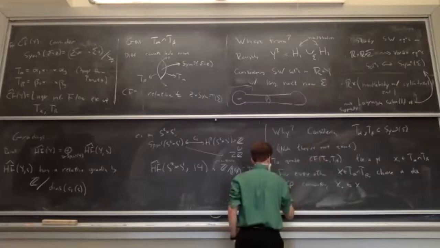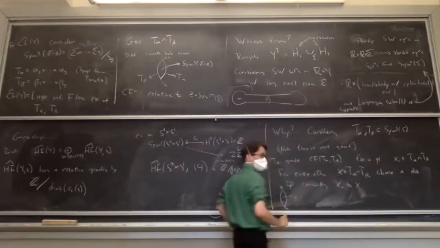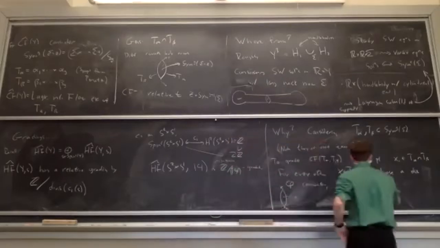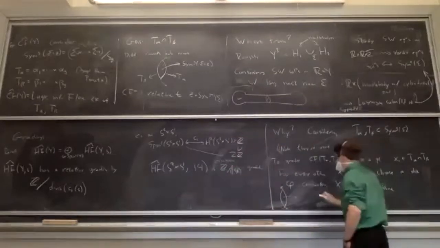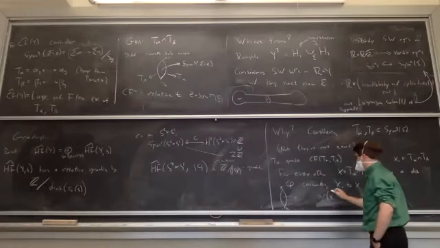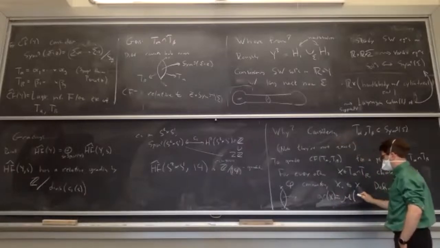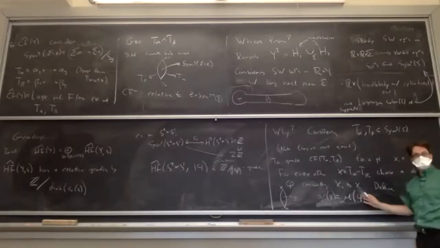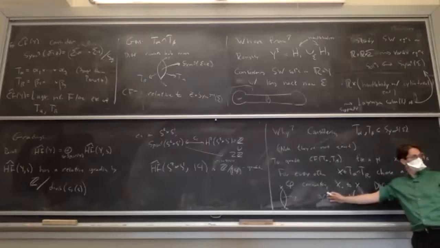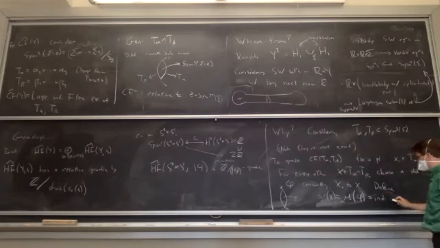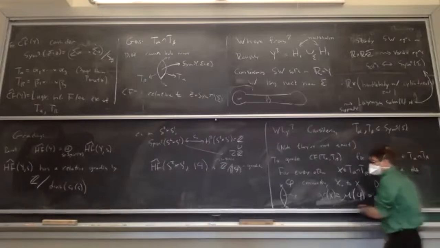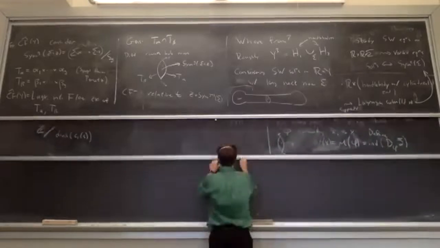So there's my disk, x0 and x. This is my phi. And then I'm going to define the grading of x to be the Maslov index of phi. That is, it's the index of the linearized d-bar operator at phi.